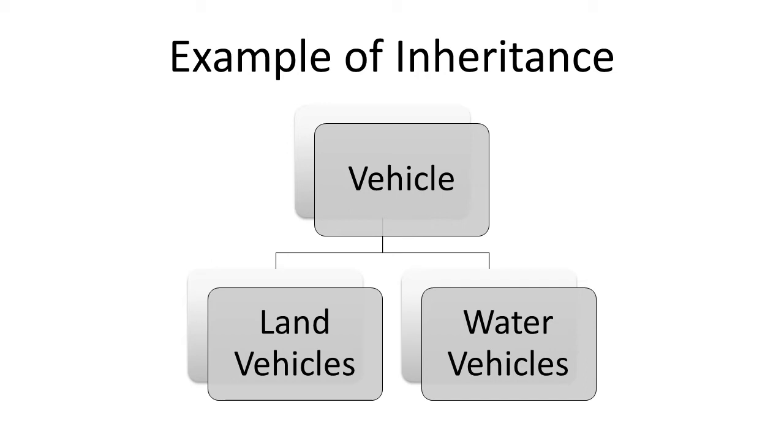There are generally two types of vehicles, land vehicles and water vehicles. Both of these have their own individual properties, but the basic properties of driving a vehicle, stopping a vehicle, accelerating a vehicle, and maintaining a vehicle are all defined in the base class called the vehicle class. Yes, this seems to be interesting.